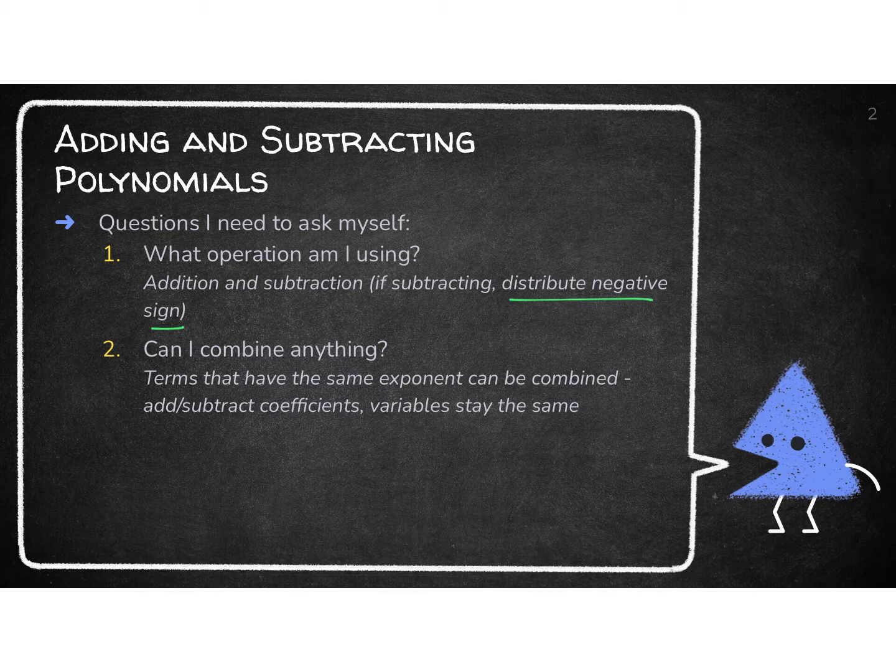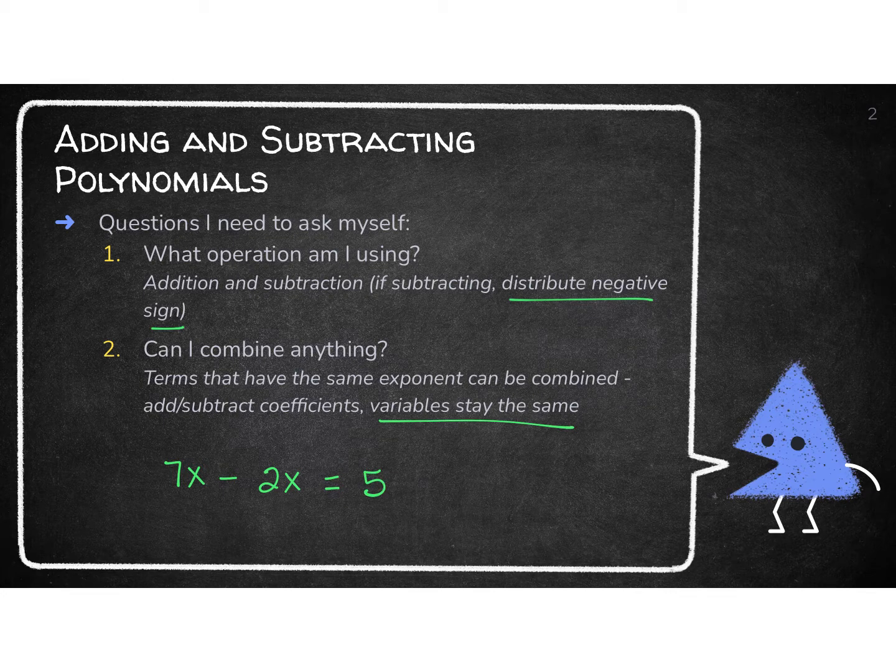Then part 2 is, can I combine anything? So you're going to combine those like terms. The mistake that most people make is you have to remember the sign that's in front of each of the coefficients. That's going to tell you whether it's a positive number or a negative number and how you're going to combine those two things. You have to make sure that your variables are the same. Like if I have a 7x and a 2x and I'm subtracting them, that would give me 7 minus 2, which would give me 5.